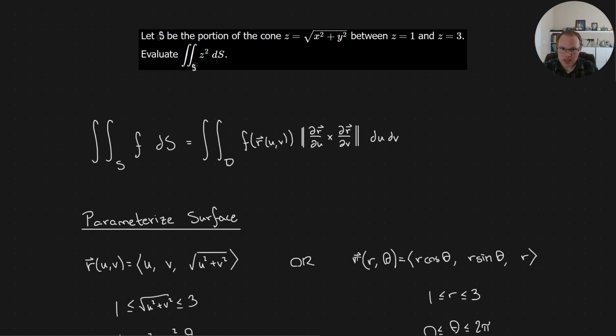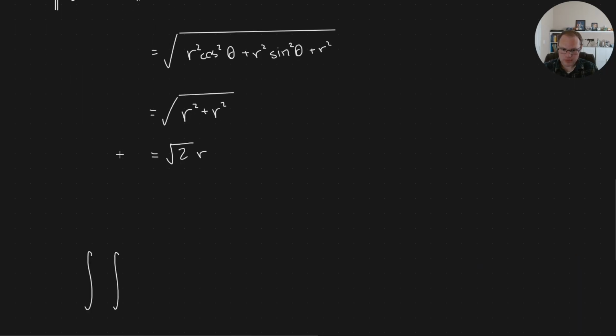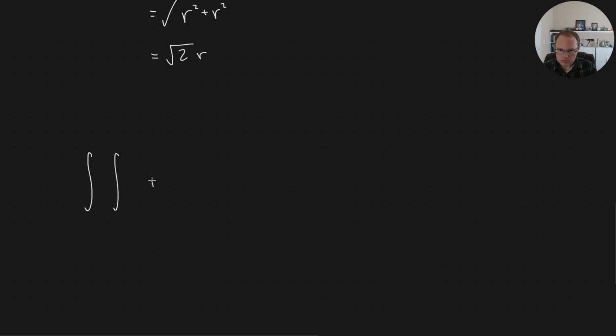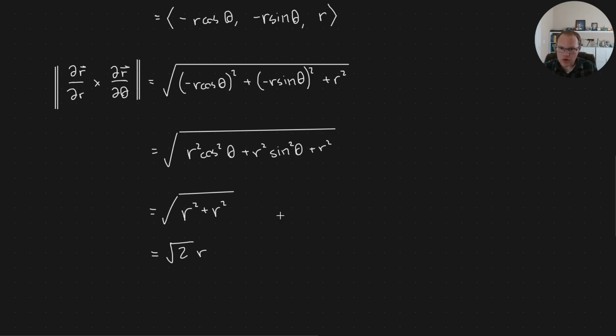So my function is z squared. I'm going to evaluate it along my surface, which I've parameterized this way. So I'm going to just plug in the r for the z. So I'll get r squared times the norm of the cross product, that's square root of 2r.